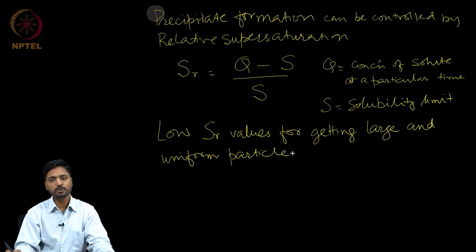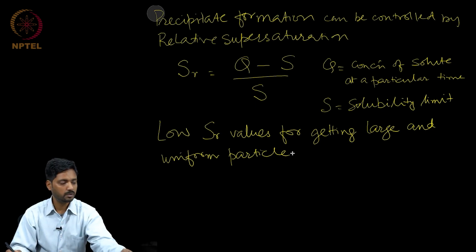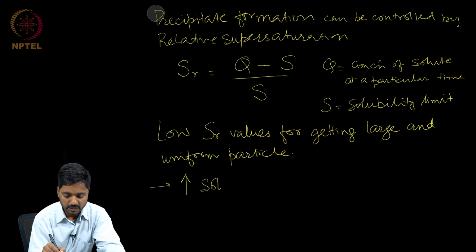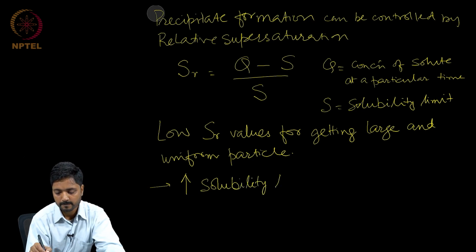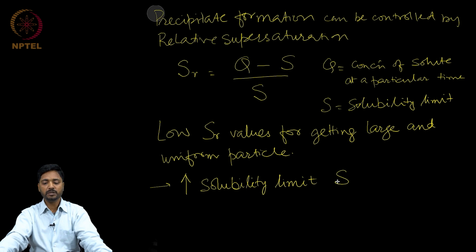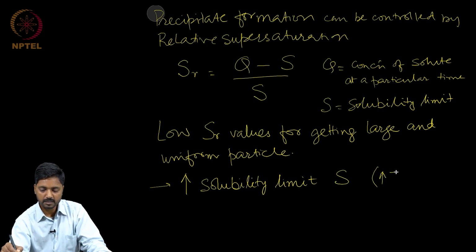So, what can we do to achieve uniform particles in a practical manner is we can increase the solubility limit S, and the simplest way to increase the solubility limit is by increasing the temperature of the reaction.